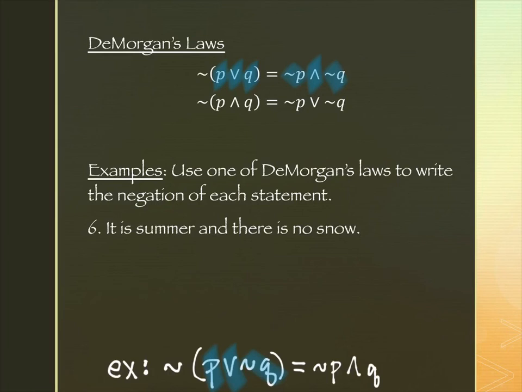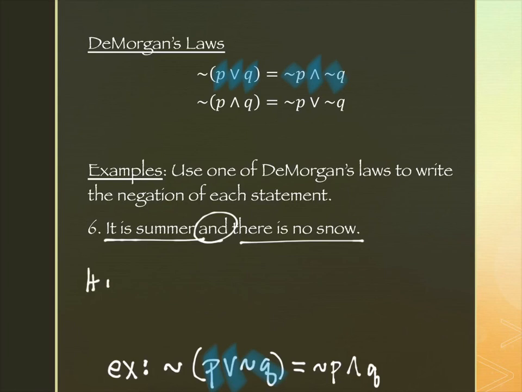So when you're writing these down or thinking through them, I want you to think of them as 3 separate pieces of information. There are 2 statements, and they're joined in the middle with either and or or. And we want to make sure we change every single piece. So my first statement says, it is summer. What's the negation of it is summer?